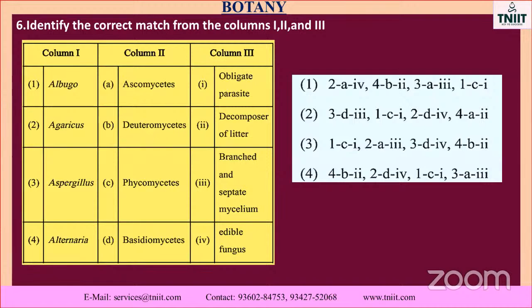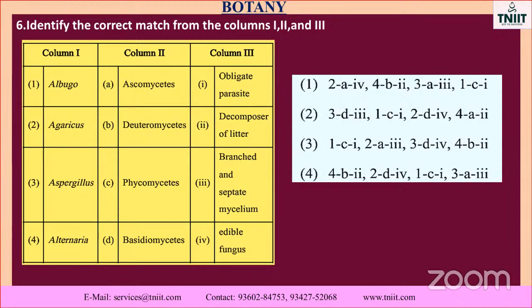Albugo, Agaricus, Aspergillus, and also Alternaria. Ascomycetes, Deuteromycetes, Phycomycetes, Basidiomycetes. Okay. Ascomycetes are sac fungi. Deuteromycetes, imperfect fungi. Phycomycetes, it is the first one. And Basidiomycetes are bracket fungi. Okay. Agaricus, see that?